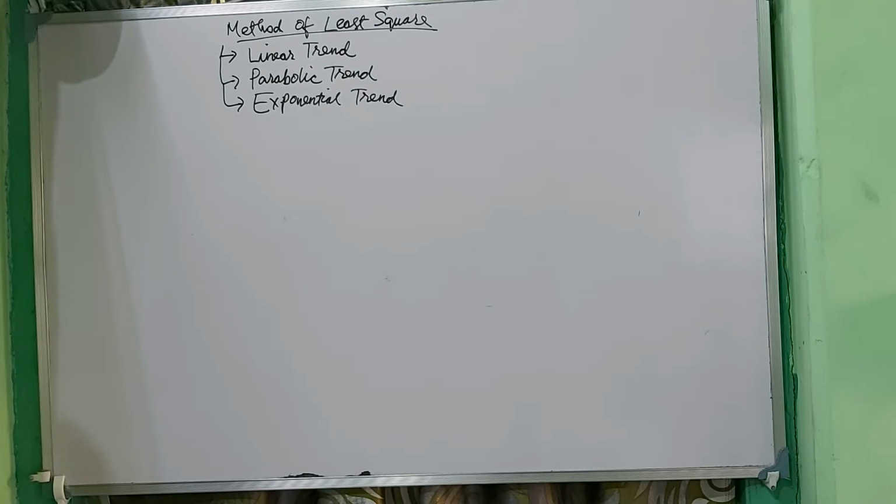So obviously it is not possible that all the points will lie on a curve, and a large number of curves can be drawn between the points. In order to find the best fit curve we use the least square method.